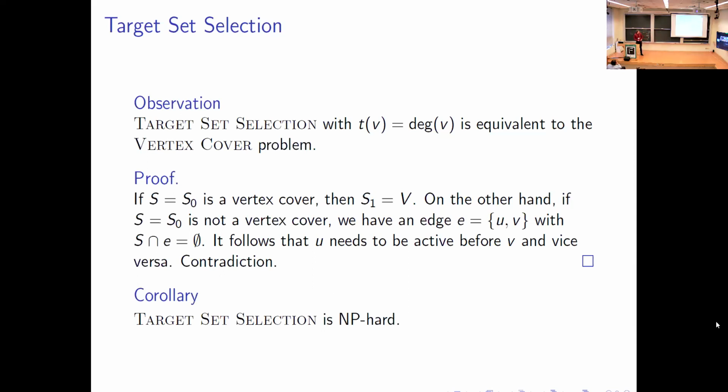Since it generalizes the NP-hard vertex cover problem, the natural question is whether there are some natural restrictions of the threshold function that would save us. There are these scenarios of threshold functions that are commonly studied. One is the anonymous thresholds, which is basically the vertex cover problem.